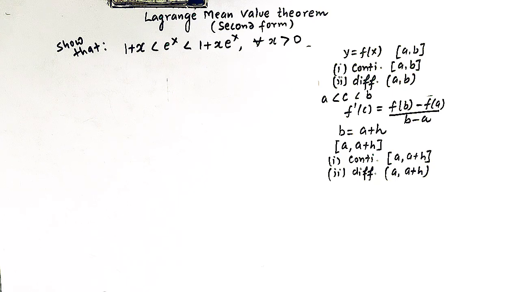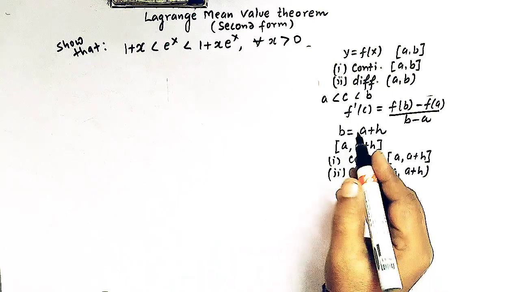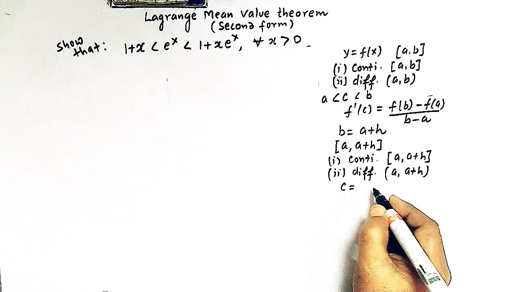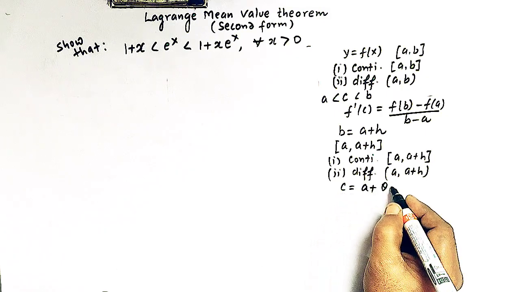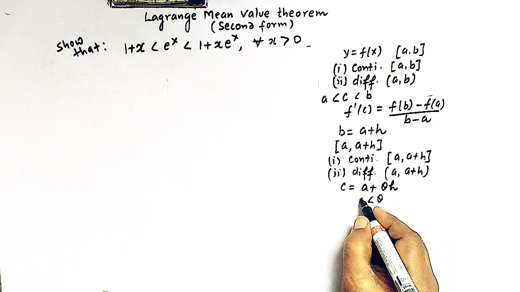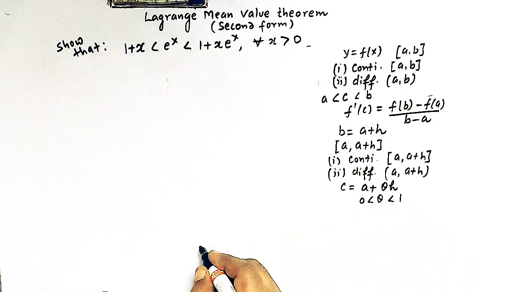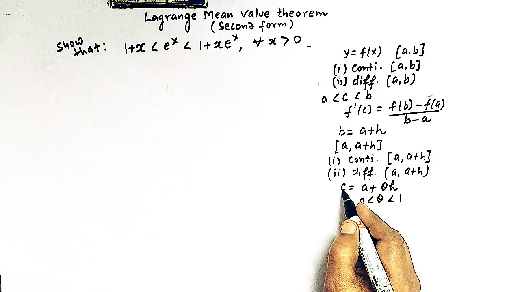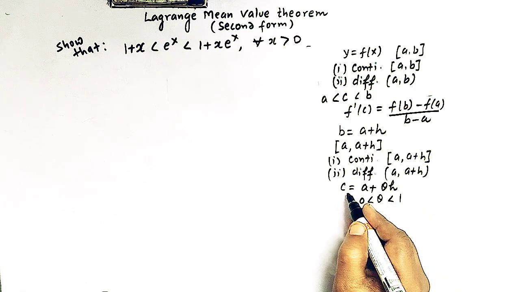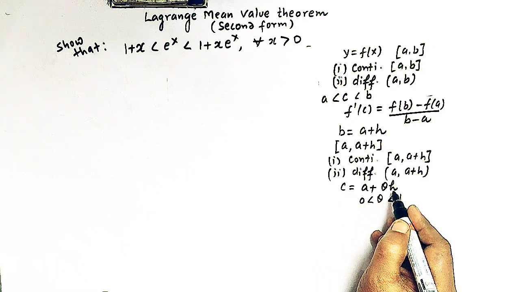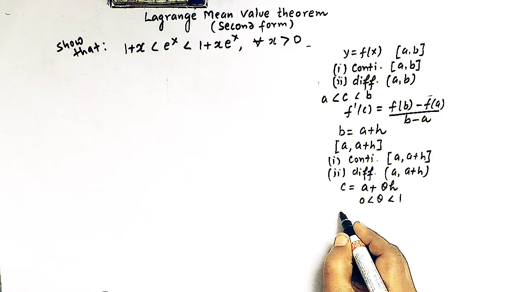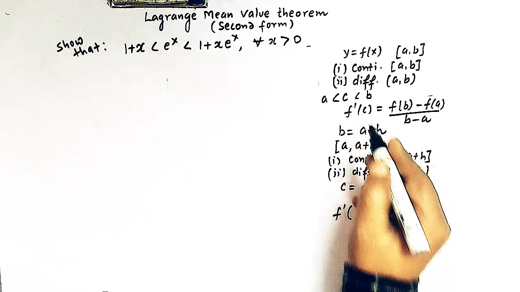Then there must exist at least one value c such that c is equal to a plus theta h, where theta lies between 0 and 1, and then we have f prime of c.